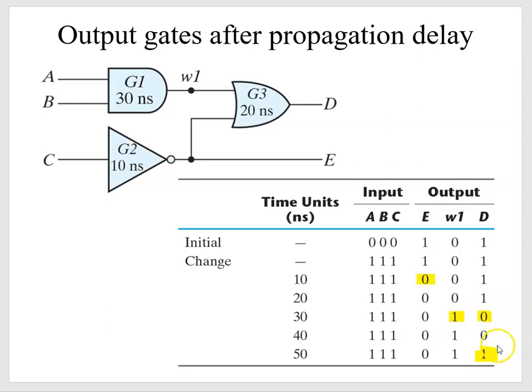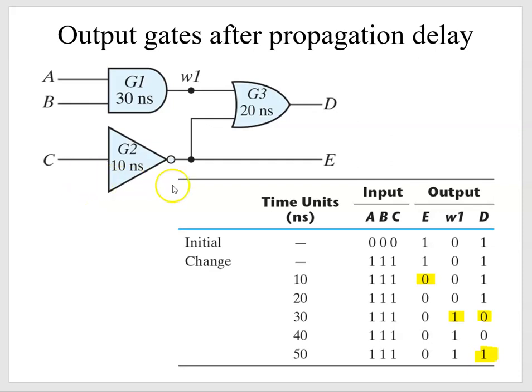So it takes a full 50 nanoseconds for these inputs that initially all changed from 0 to 1 for the output of D to become valid. And what did D do? It stayed 1, it went to 0 for 20 nanoseconds, and then it came back to 1. So during this period of time, D is not stable at all. E waits 10 nanoseconds and then becomes stable because it's just dependent upon C.